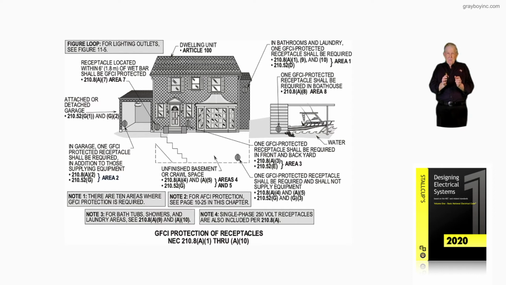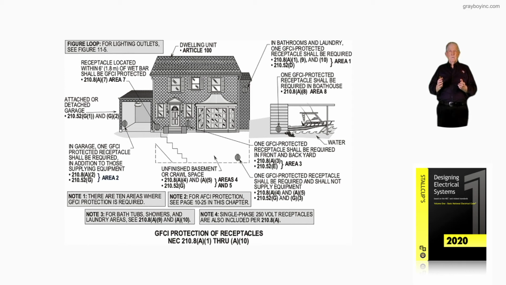But to keep from bouncing you around, let's look at what's below the watering boat there. Let's look at that GFCI protected receptacle that's required in the front and backyard. It too has to be GFCI protected in accordance with 210.8(A)(3) and 210.52(E) that requires the receptacle to be installed. And then, of course, 210.8(A) deals with dwelling unit GFCI.